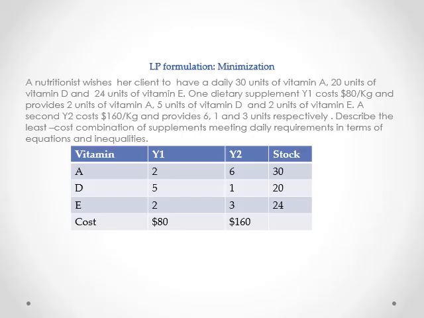We have to design 3 constraints: one constraint for vitamin A, another constraint for vitamin D, and a third constraint for vitamin E. The last part of the components of LP is the non-negativity condition: Y1, Y2 more or equal 0.